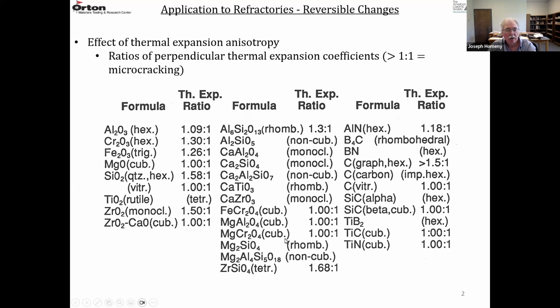So in a single crystal, polycrystalline, one crystal type material, anytime it's a crystal structure that's not cubic or not amorphous, you have the possibility of microcracking.